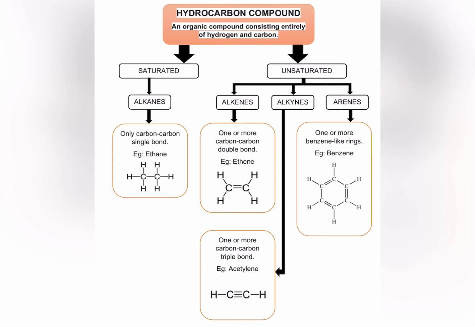Next one, I got unsaturated hydrocarbons. There are 3 examples for unsaturated hydrocarbons. The first one is alkenes with 1 or more carbon-carbon double bond. The example is ethene with 2 carbon atoms and 4 hydrogen atoms.